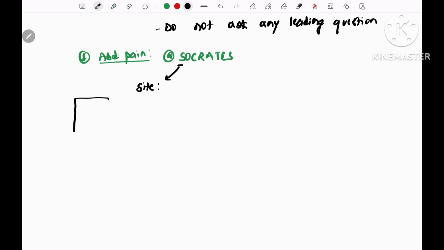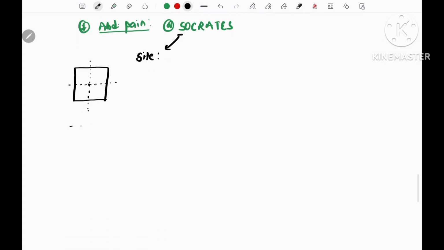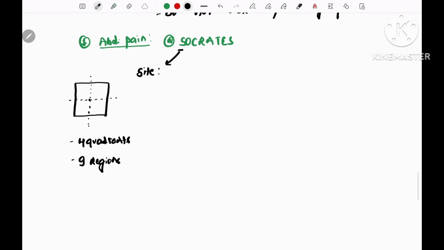Like if this is the abdomen, we divide the abdomen into four quadrants. There are four quadrants, not nine quadrants. There are four quadrants and nine regions. I will explain about quadrants and regions in the next video. Here, just imagine that the abdomen is divided into four quadrants: upper right, upper left, lower right, and lower left.